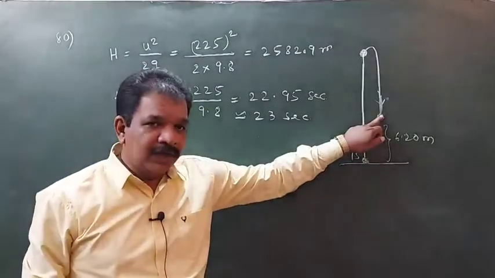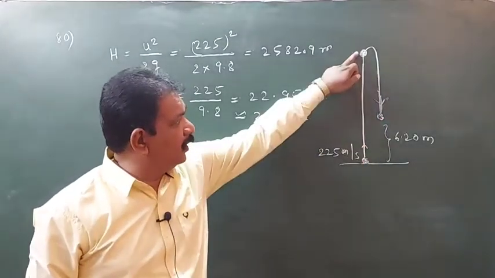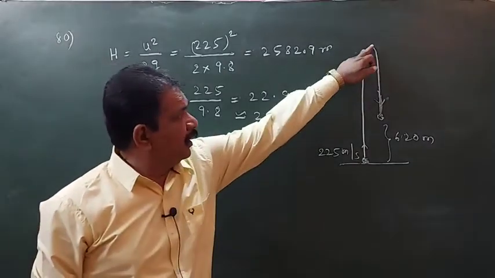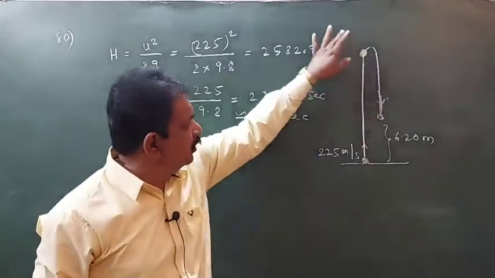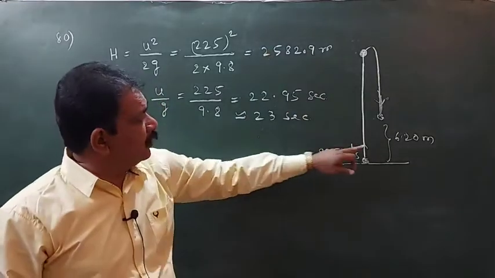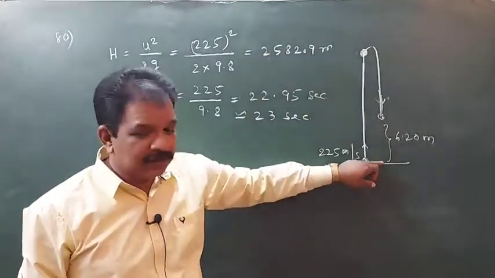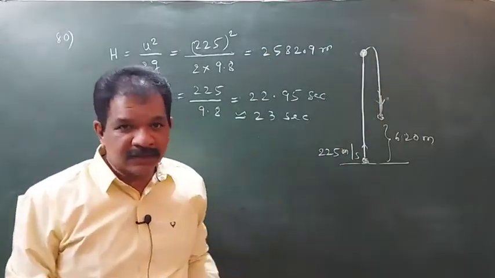Here to here we had to calculate. Here to here is 23 seconds. Again, in the downward journey, this distance we need. If we subtract 620 from the maximum height, we will get this distance.